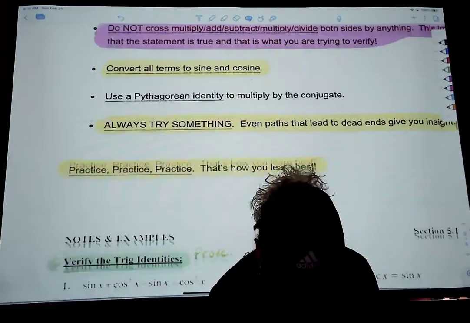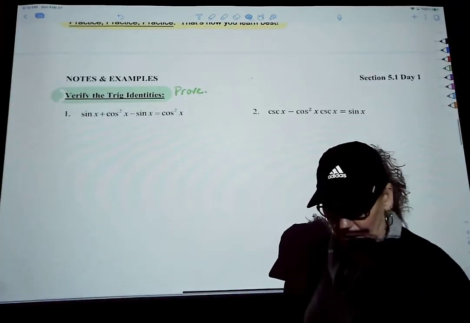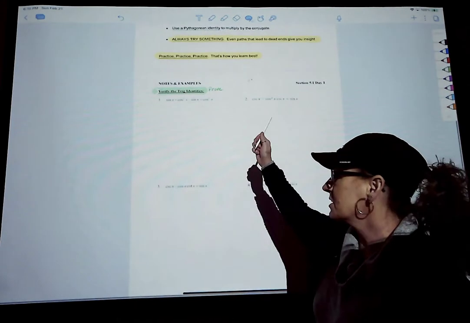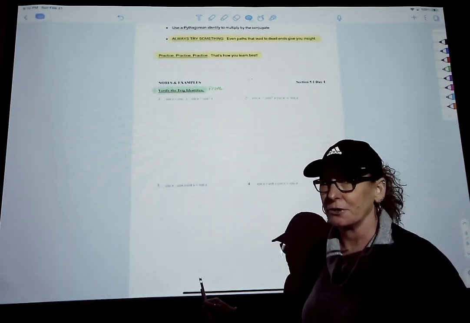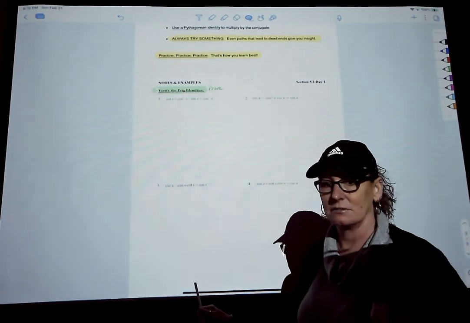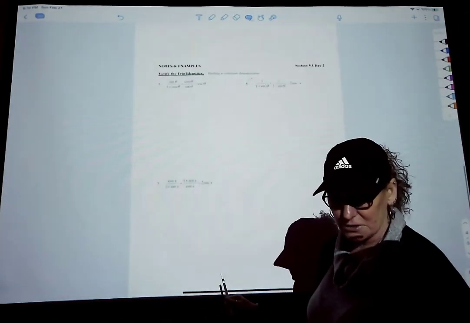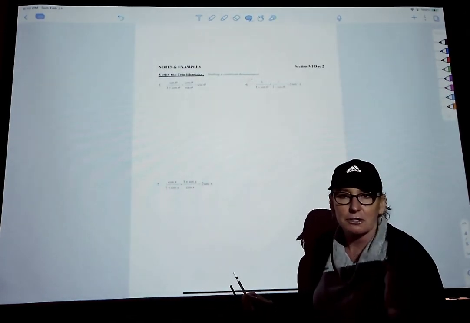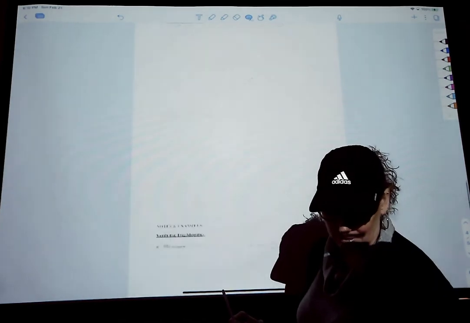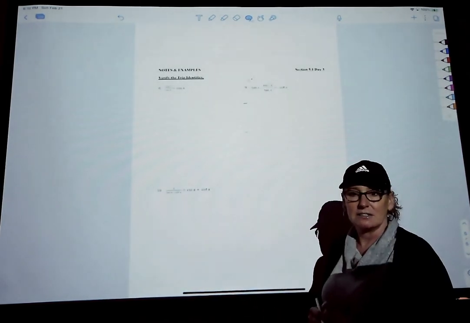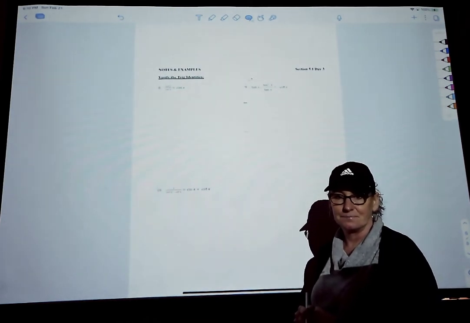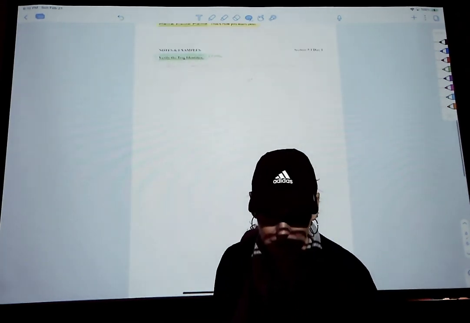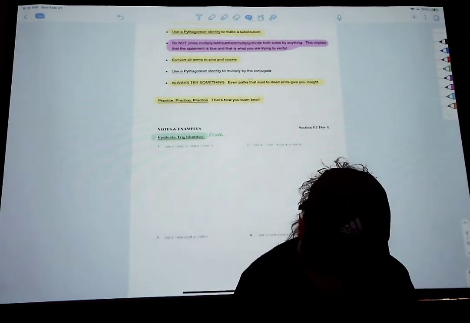Well, on your day 1 notes, there's another page of identities, and you don't know that they're true yet. We're going to prove that all of those identities are true.